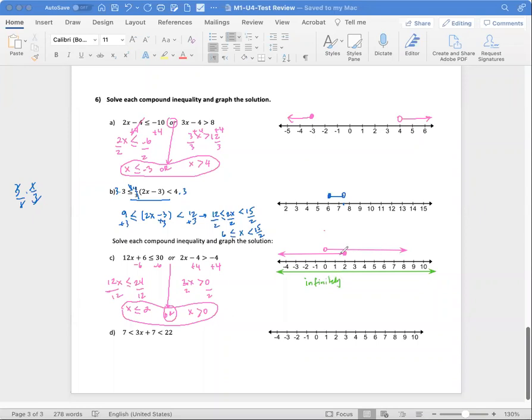Think about it this way. Pick a number that is less than or equal to 2 or greater than 0. No matter which number you select, it's going to be one or the other. So we have infinitely many solutions. And again, the reason is not just because we have an OR, but we have an overlapping OR. Notice for part A, we had an OR. We had one going this way, one going the other way. They did not overlap, so we kept them, two parts, one to the left, one to the right.